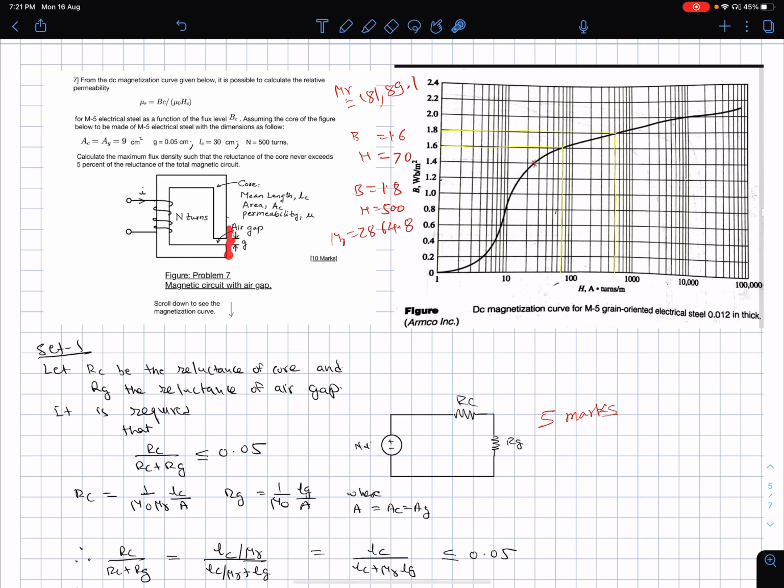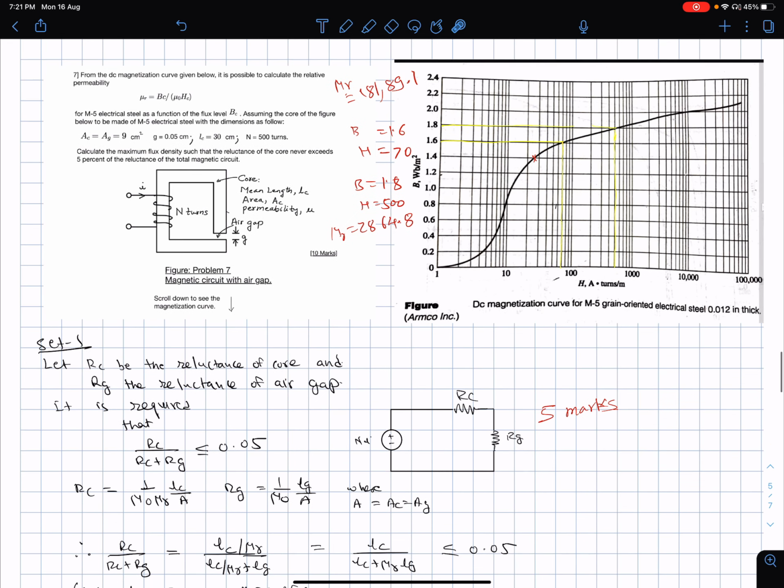So the air gap and the core both have the same cross-section area. So again, fringing and leakage are neglected. Air gap is 0.05 centimeters, a very small air gap here, and core length LC from here to here to here is 30 centimeters, much larger. Number of turns is 500.